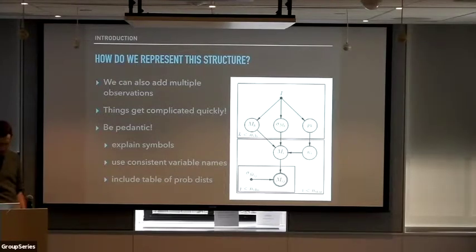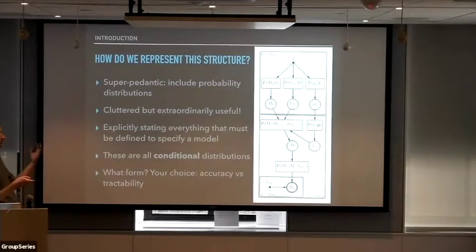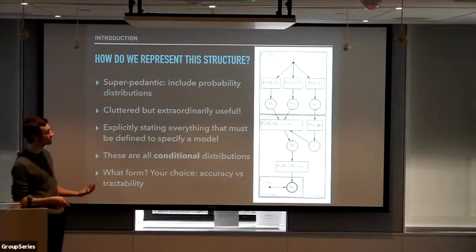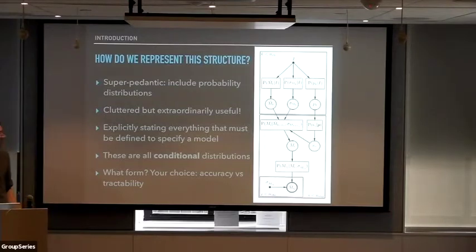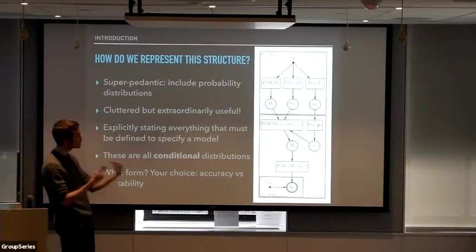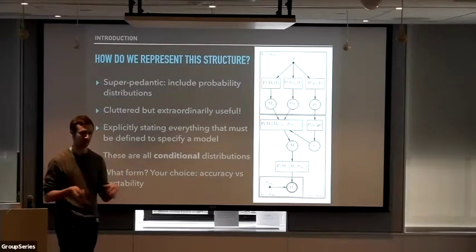And so that was what I wanted to say next, I find it super useful to be as pedantic as possible, and so actually put in the forms of these distributions, or at least put the distributions into your hierarchical model. And so you can see that it makes this thing kind of explode. It makes the network diagram quite cluttered, but it's extraordinarily useful in what's to come.